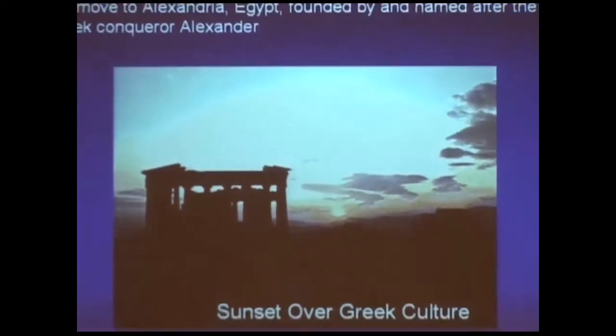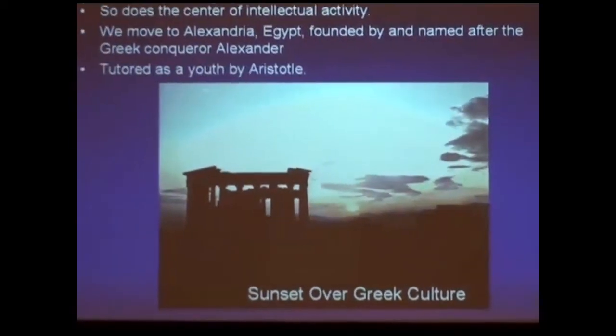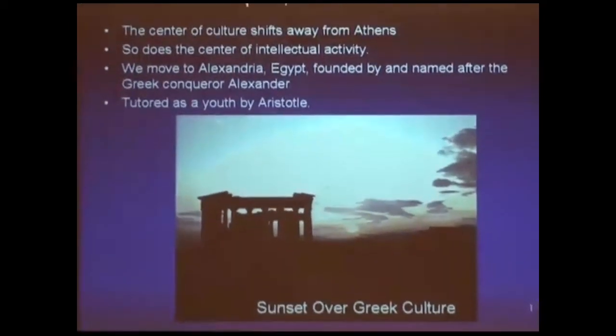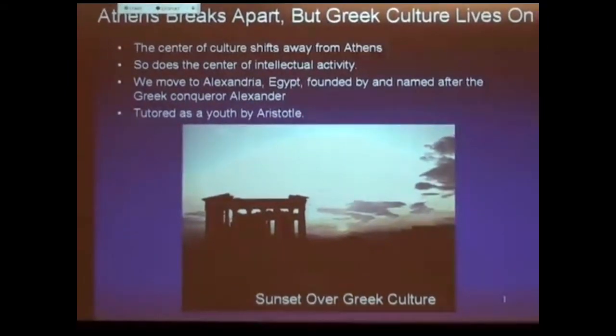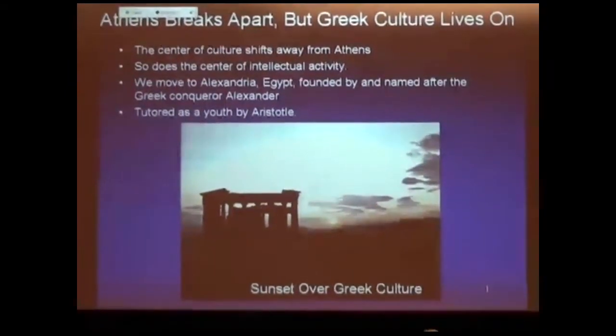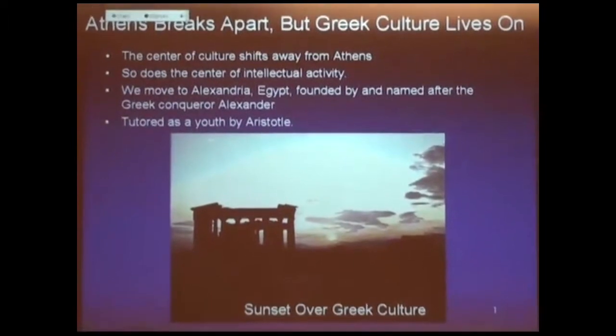So the center of the culture shifted away from Athens to this wonderful city, and that city became the center of intellectual activity. It was founded by this military genius, Alexander. He conquered all the way to India and all the way in Europe, etc. And he, by the way, was tutored as a youth by Aristotle, and so he promoted some of Aristotle's thinking and his ideas.